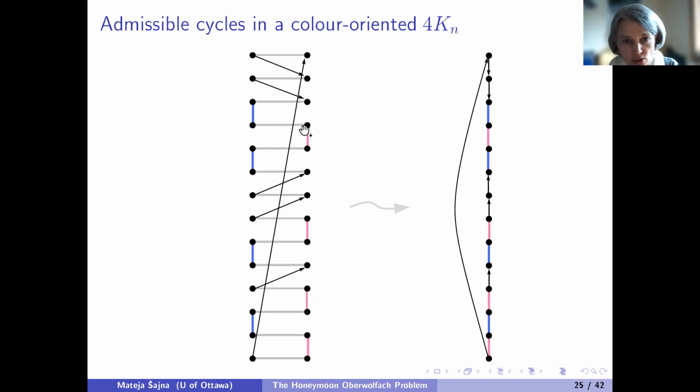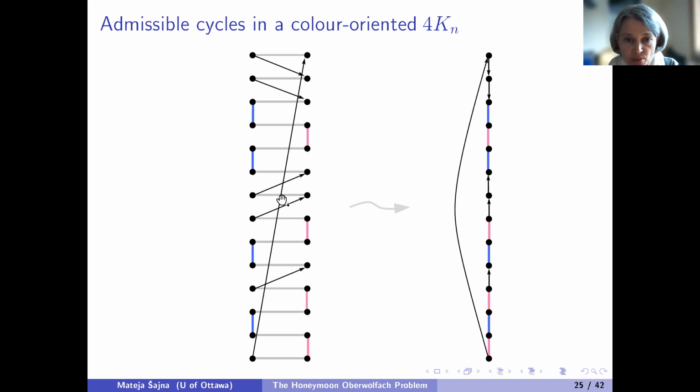It cannot be followed by another blue edge because blue edges are on this side only. Okay? It can also be followed by a black edge, but this black edge will be directed towards the blue edge. Similarly, a pink edge can be followed by a blue edge or by a black edge, but the black edge will necessarily be directed away from the pink.